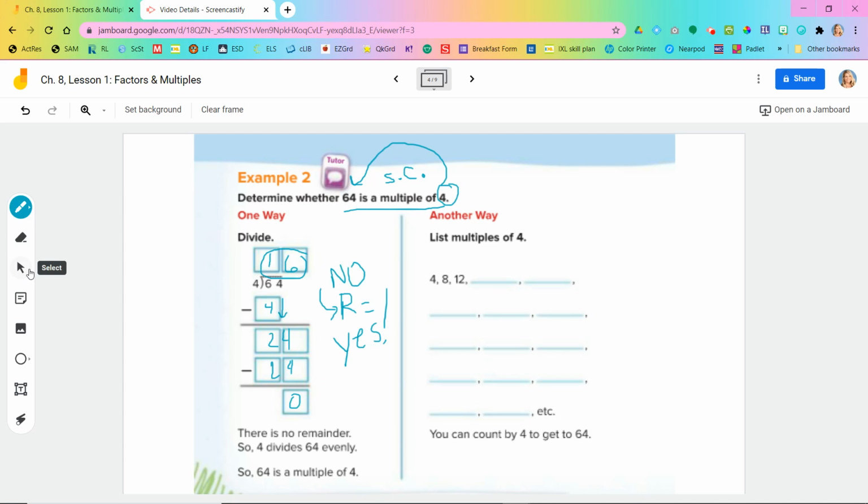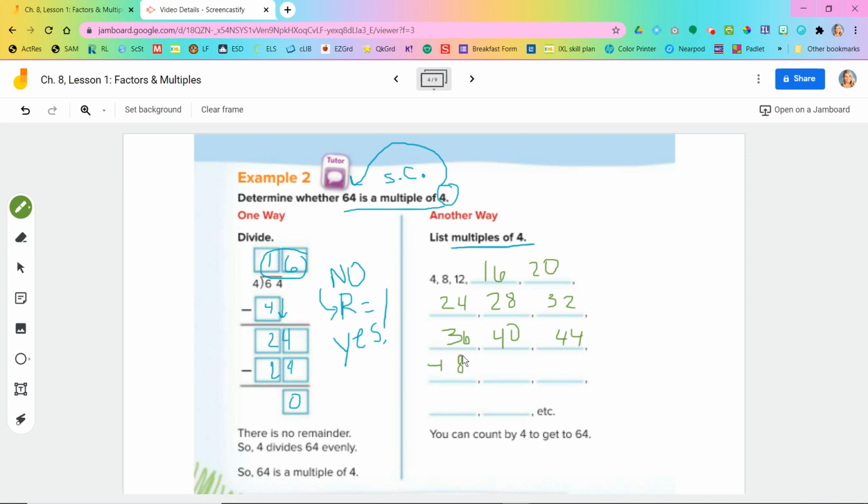Now, another way you can double check is just by skip counting. I can skip count through my multiples of 4, and if I land on 64, that means that it is a multiple of 4, because I can skip count and get to that multiple. Remember, multiples are skip counting. So they already give me 4 times 1, 4 times 2, 4 times 3. So let's do 4 times 4, 4 times 5, 4 times 6, 4 times 7, 4 times 8, 4 times 9, 4 times 10, 4 times 11, 4 times 12.